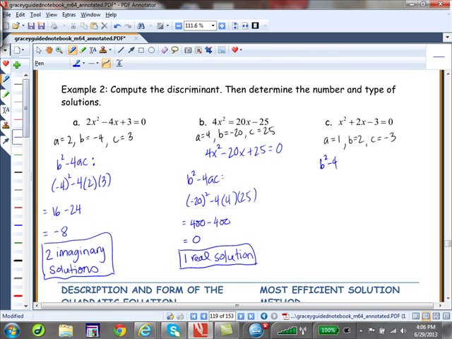So B squared minus 4 times A times C is going to be 2 squared minus 4 times 1 times negative 3, which will be 4 minus negative 12, which is 4 plus 12, which is 16. 16 is a perfect square. So what's going to happen is we're going to have, good, two rational solutions.